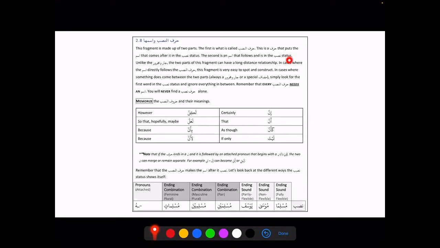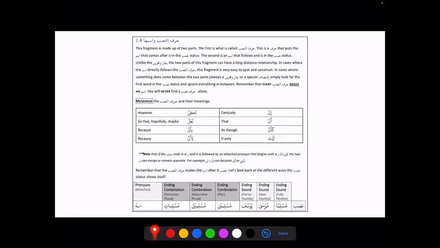So after harfu nasab, we will find an ism, and this ism should be nasab in status, then we can say, yes, this is the victim of harfu nasab, or this is the ism of harfu nasab.